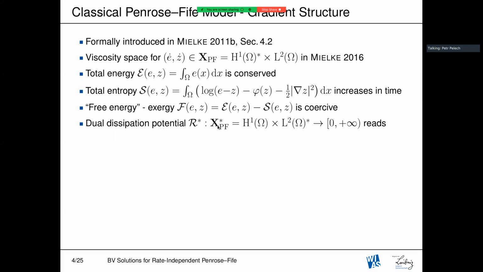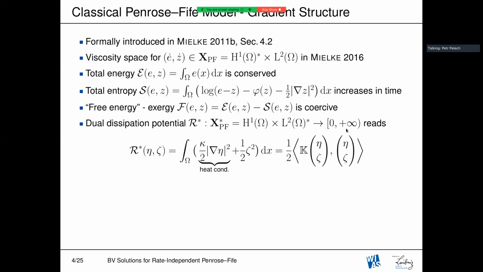The last thing we need to define is the dual dissipation potential, which is defined on driving forces, which are in duality to the rates. So that's the dual space to the viscous space, and the key point here is that it's not state dependent. It doesn't depend on E and Z. It just takes here the differential with respect to E and differential with respect to Z, differential of entropy, and it's quadratic.